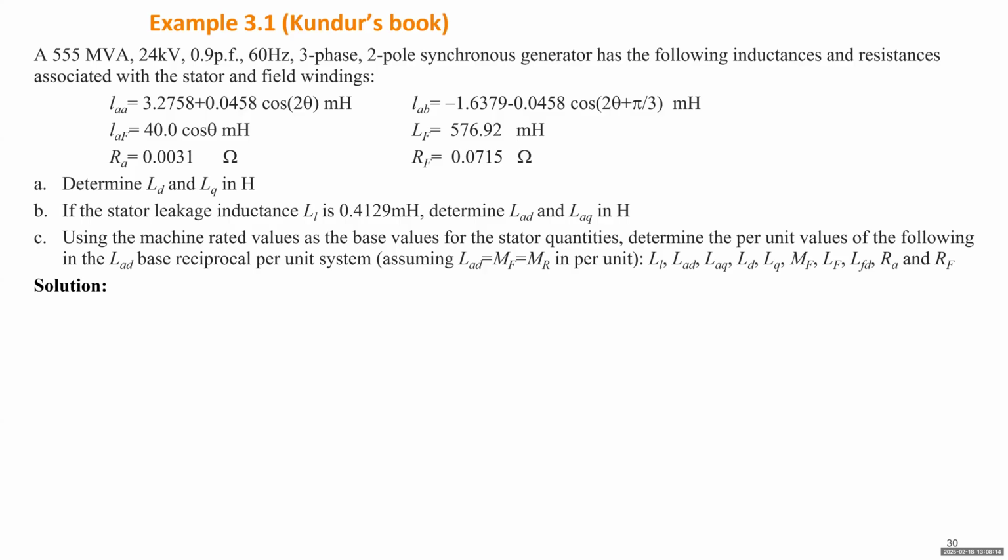So no matter how you project those two quantities, in which direction, they're always opposite to each other. So they will be negative. Also, it's a cosine function of 2 theta. Then LAF is actually the mutual inductance between the winding A and the field winding. This is also a cosine function. So LAA and LAB both have a period of 180 degrees, but LAF has 360 degrees.